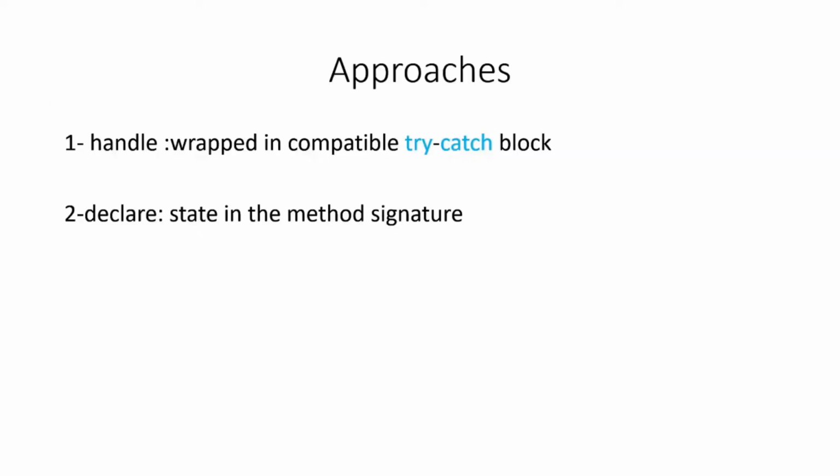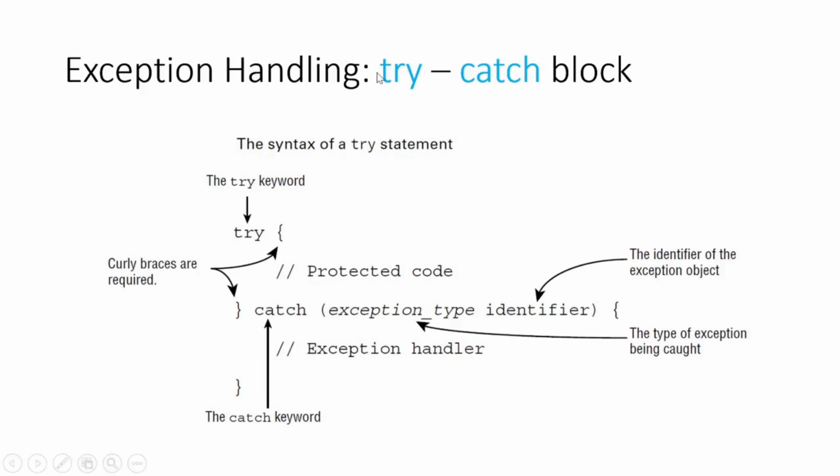There are two approaches. The first one is handle, and the second one is declare. Handle means wrap in a compatible try catch block, and declare means state it in the method signature. So how do we handle? Exception handling we do in a try catch block. For the syntax of a try statement, we have a try, the curly brackets are required, followed by catch or finally.